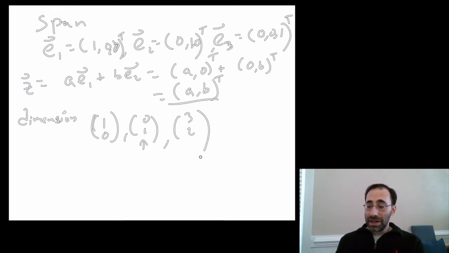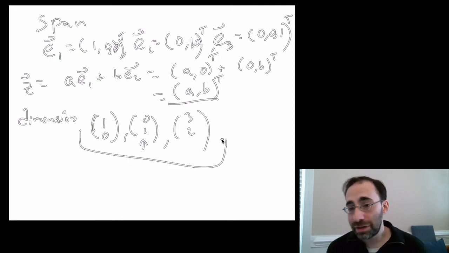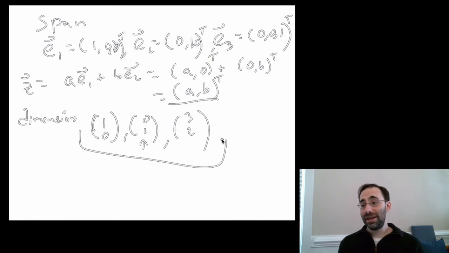If I had these three vectors together, they would also span the space because I could write any two-dimensional vector as a combination of those three vectors. For instance, I could write (6, 4) as 2 times the third one. It would save me some time. But it's not the minimal set of linearly independent vectors, and that's the minimal set you need to span a space.